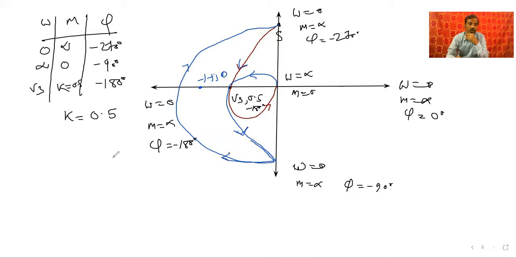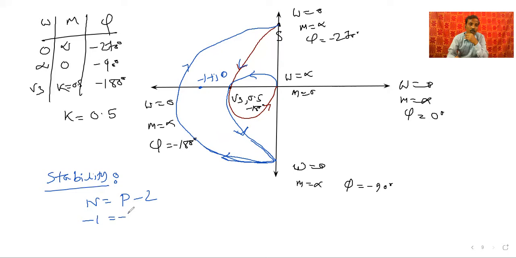And this contour direction is actually clockwise. So what is the stability condition? N equals the number of contour, P minus Z. In this case, this is the clockwise direction, that's why N is negative.